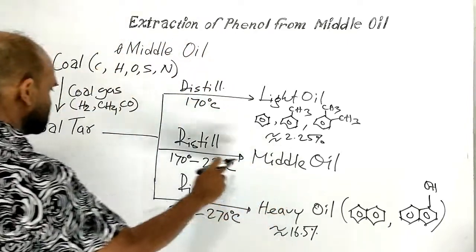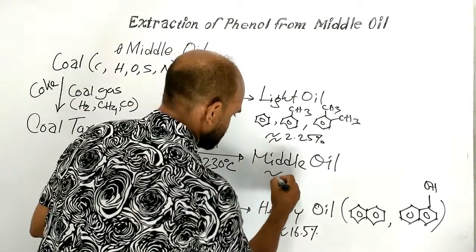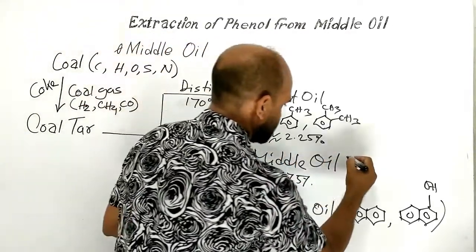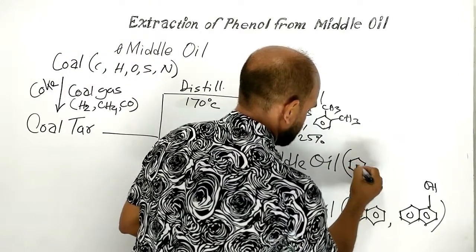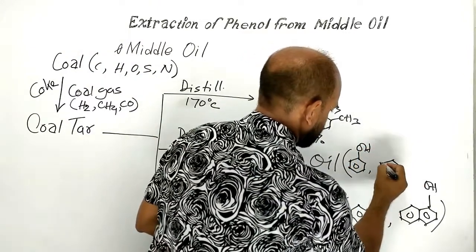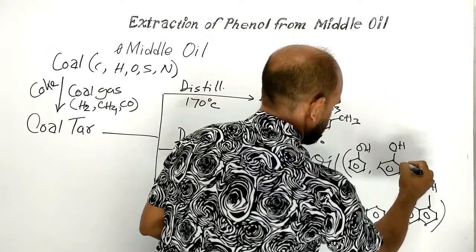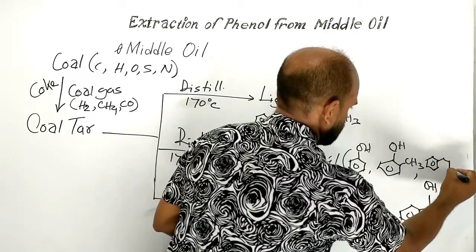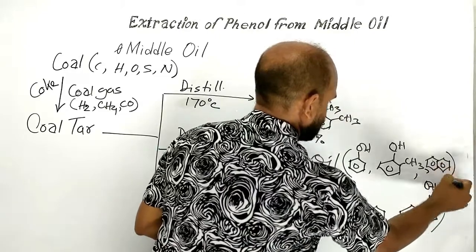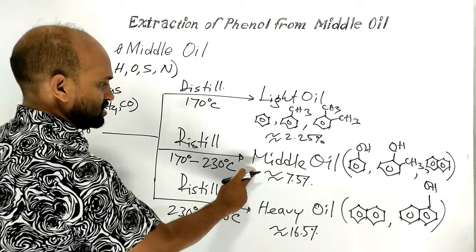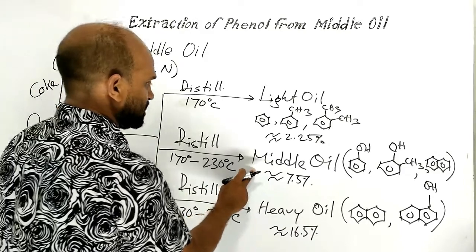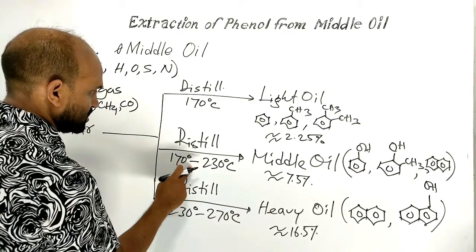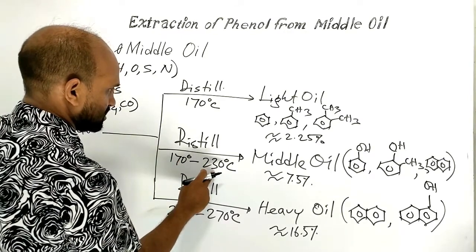Middle oil is present in coal tar at around 7.5%. Middle oil basically contains phenol, cresol, and naphthalene. So this is middle oil, which is a kind of distillate that is obtained from coal tar at 170 degree to 230 degree Celsius temperature.